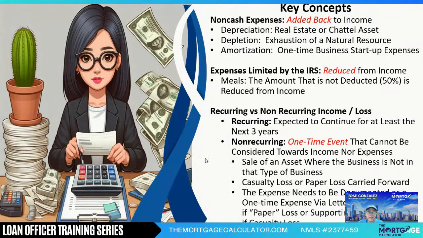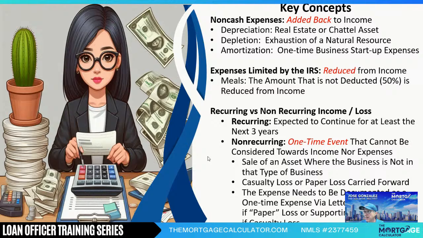And then last but not least, I do include this page here because this is a very important page, right? These are the expenses that may be added back or maybe not considered. So what are we talking about? Well, we're talking about non-cash expenses.